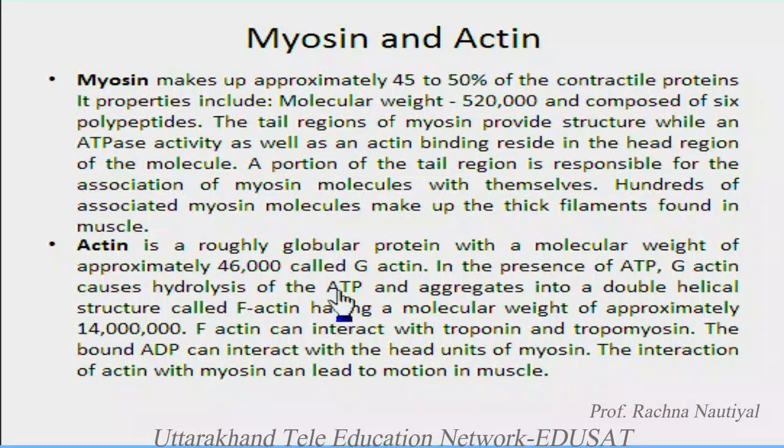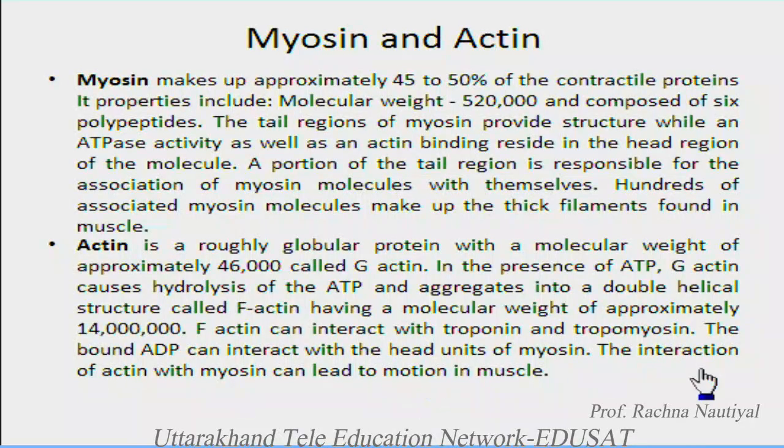A portion of the tail region is responsible for the association of myosin molecules with each other. Hundreds of associated myosin molecules make up the thick filaments found in muscles.